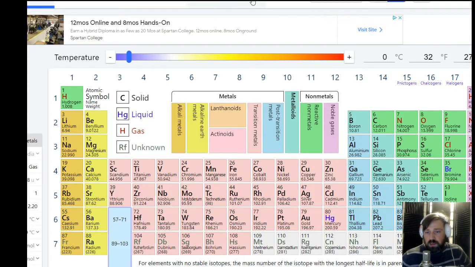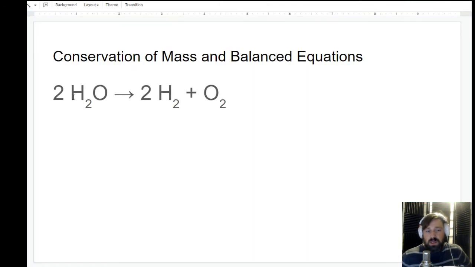Well, we go through, we look at the periodic table, and we start counting up stuff. Oxygen is around 16. Hydrogen is 1. So that means H2O is going to have 2 plus 16. We have 18 grams per mole for H2O.